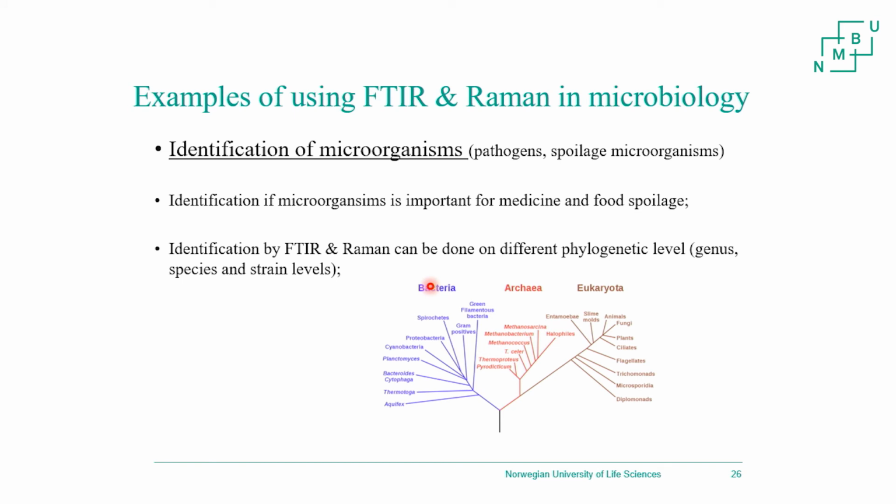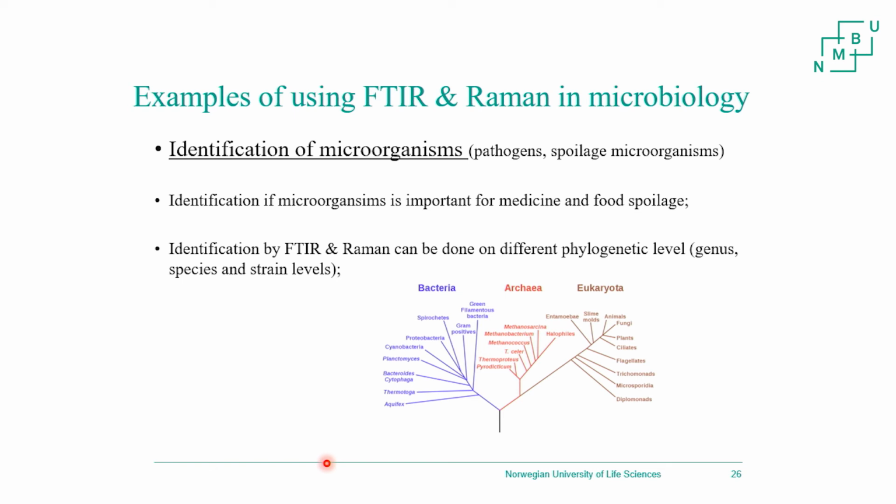Another example of using both FTIR and Raman in microbiology is related to the identification of microorganisms. Very often when we isolate microorganisms, we need to identify them and evaluate if they're spoilage organisms or pathogens.